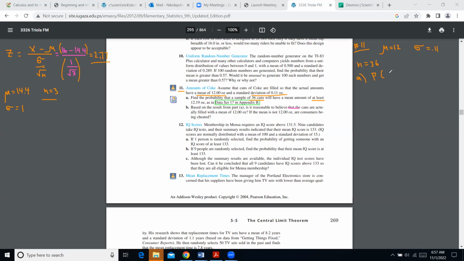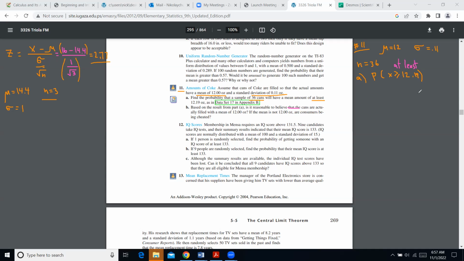So at least means greater than or equal to, isn't it? Remember, we worked with this at least in previous chapters a lot. So at least means not less.